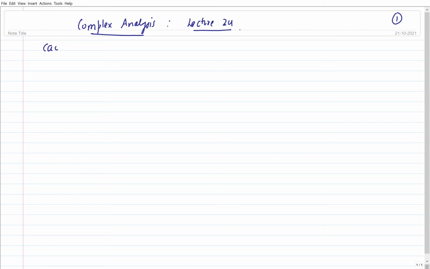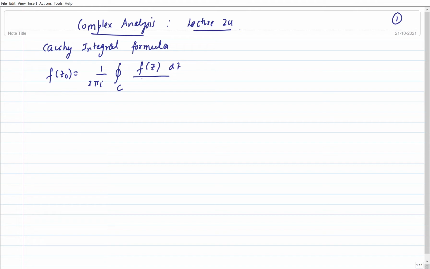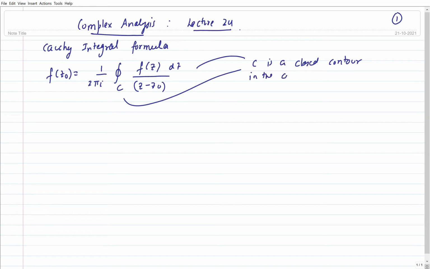We start with the Cauchy integral formula, which is to say, now here C is a closed contour in the complex plane that contains the point z0 and that is traversed in the counterclockwise direction.